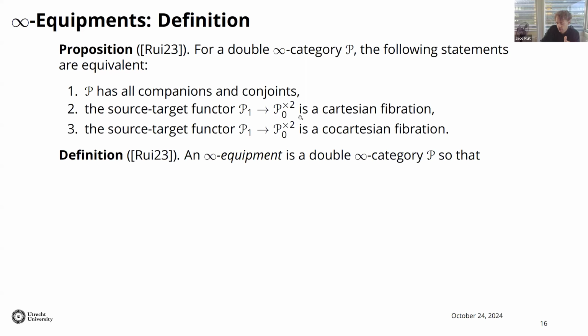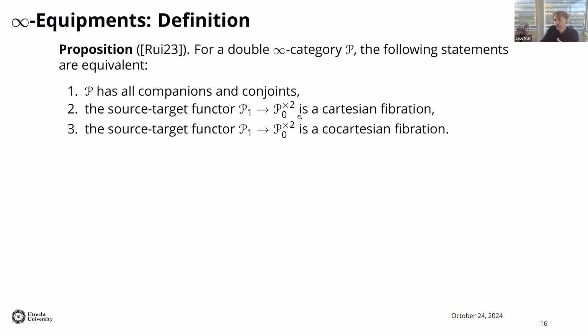These things turn out to be equivalent, and to prove this, you essentially prove it in the same way that you have done for pro-arrow equipments. For instance, if you assume that 1 holds, you can construct all these Cartesian lifts just by composing with companion and conjoint co-units or units.